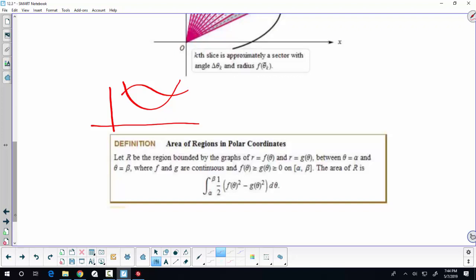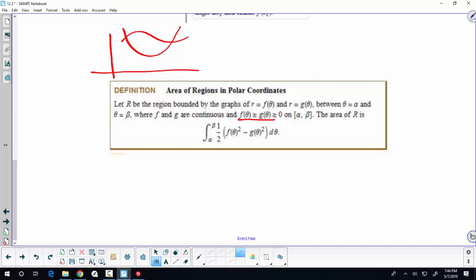So this f of theta is larger than or equal to g of theta, which is larger than or equal to 0. Maybe in terms of the figures that are generated, it's easier to think about f of theta as the outside or outer curve, and to think of g of theta as the inside.